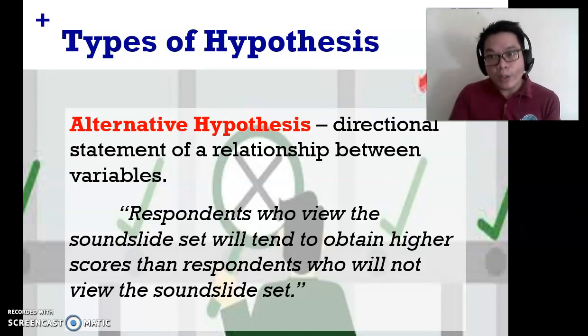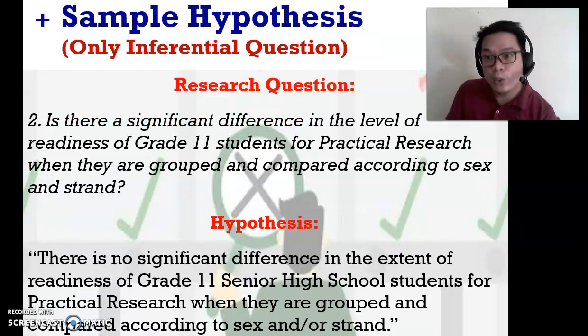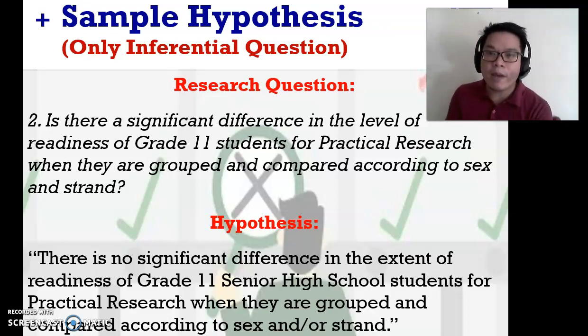What you are going to do is go back to your research question and then make your hypothesis. In this case, our research question is, is there a significant difference in the level of readiness of grade 11 students for practical research when they are grouped and compared according to sex and strand? So what will be our null hypothesis?